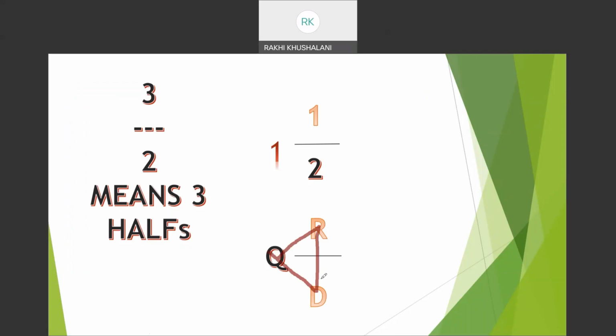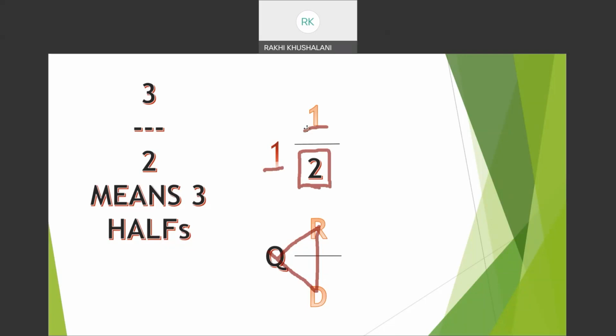Please remember this triangle QRD. What was my quotient? My quotient was 1. What was my remainder? That was 1. And what was my divisor? That I told you is the denominator. Also, the denominator holds its place. It does not leave its place.